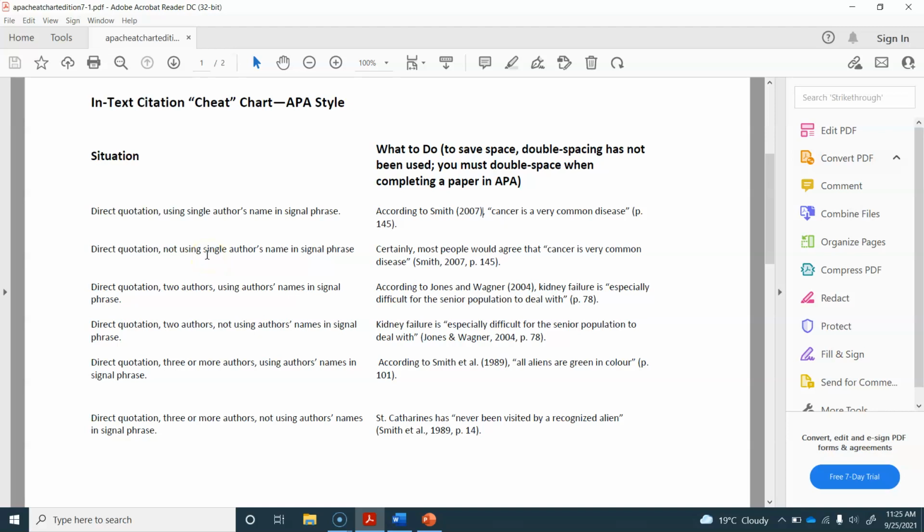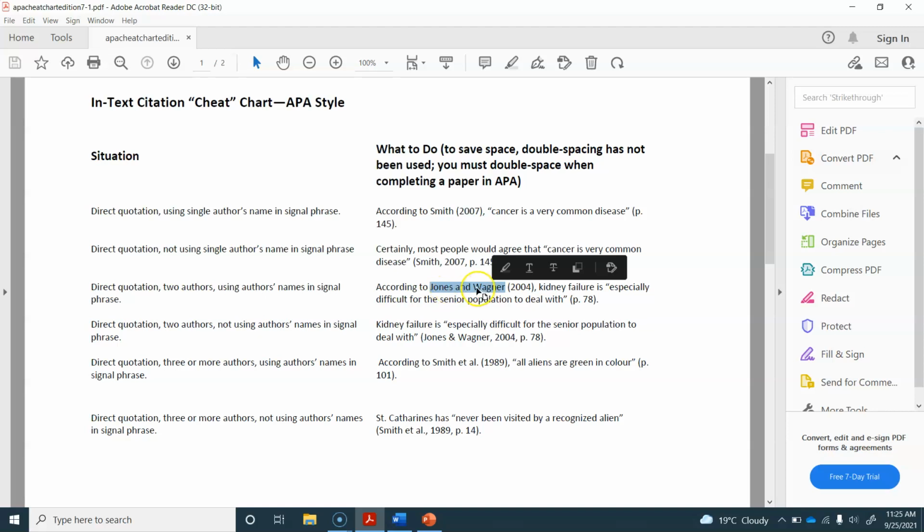What do we do if we have two authors? Okay, if we have two authors, we're going to do something slightly different. So imagine this time that we have an article or a book written by two people. Their last names are Jones and Wagner. If I'm using their names in my sentence, I'm going to list out both names and I'm going to use AND in between them.